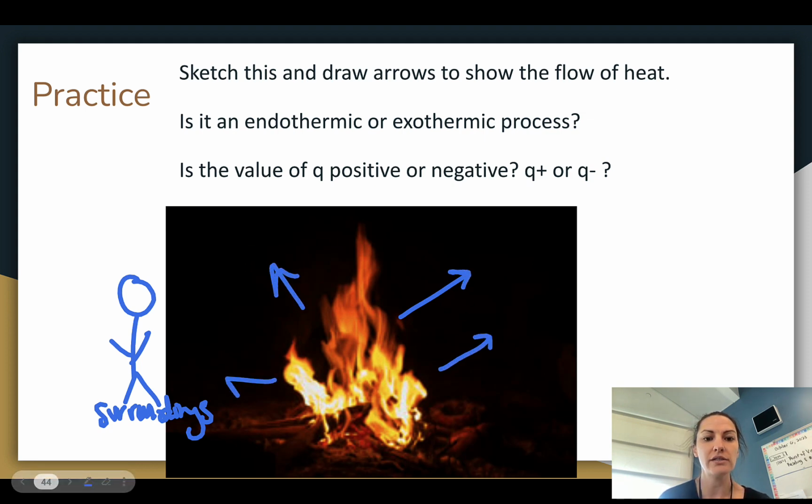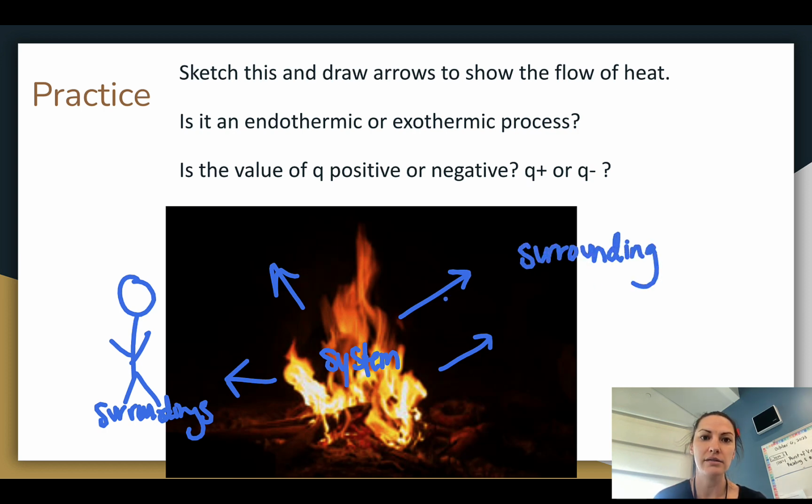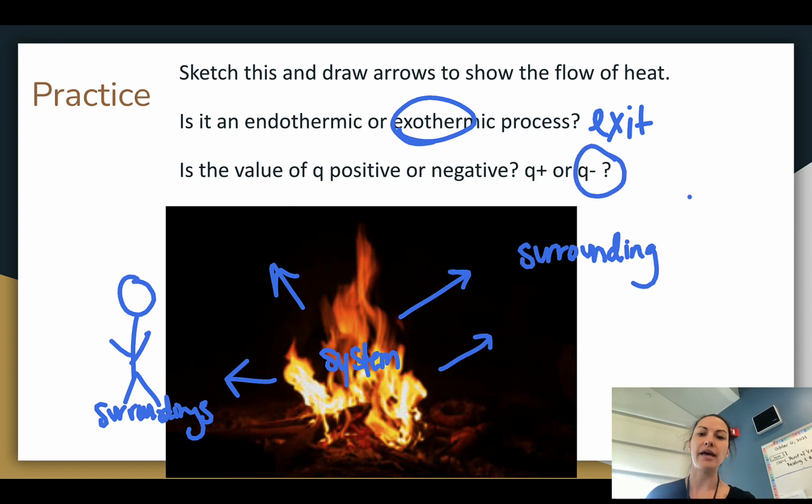So the energy is transferring from the system, which is the fire, to the surroundings, which is me and the air and all those things. So this would represent an exothermic process because energy is exiting the system. And our Q value would be negative. So the potential energy is going down in the system. Great.